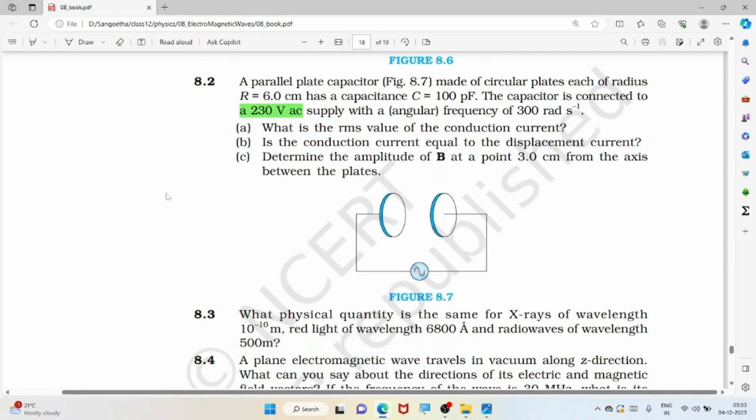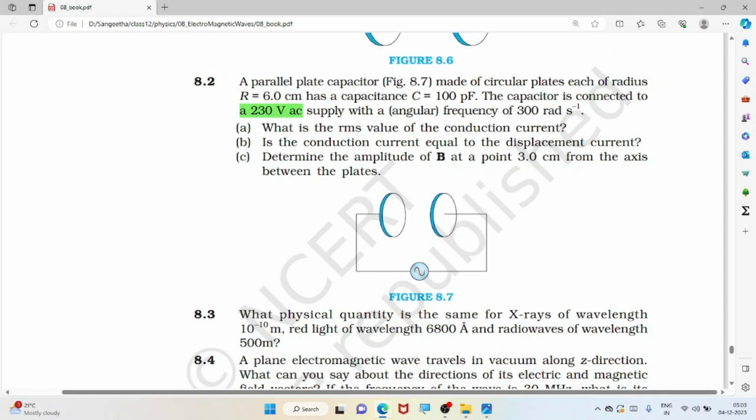A parallel plate capacitor is made up of circular plates of radius R, with a capacitance of 100 picofarad. The capacitor is connected to an AC source with angular frequency omega. What is the RMS value of the conduction current?